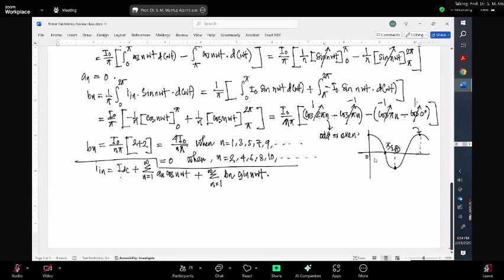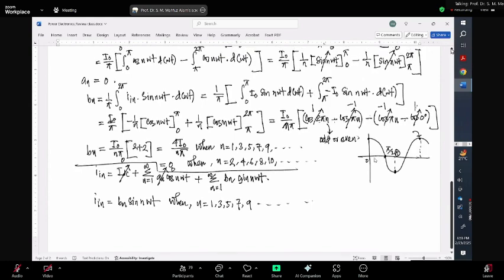So now we got this DC value is 0. This an value is also 0. So actually my equation for input current, it would be I in equals my Bn sine n omega t when n is 1, 3, 5, 7, 9, and so on. Any question regarding this?